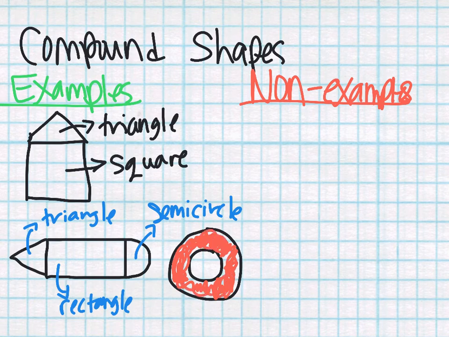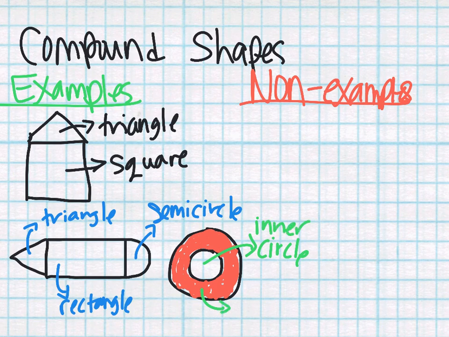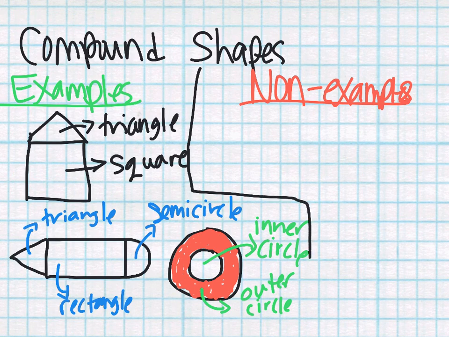So this is a little bit different than the other two examples because I cut the middle out, but this is still a compound shape because it's a circle within a circle. So I've got an inner circle and an outer circle. So all of these are examples.